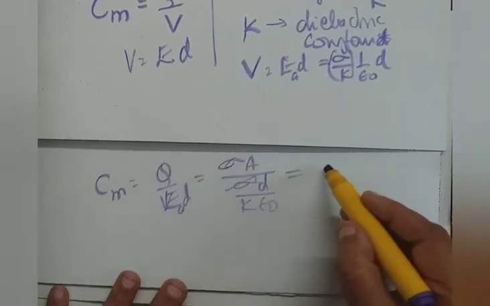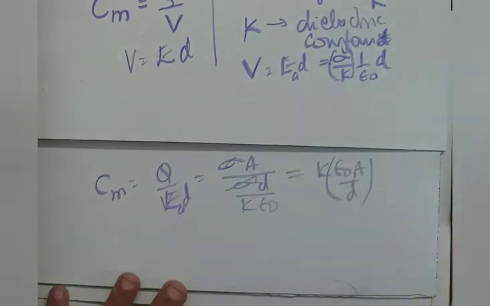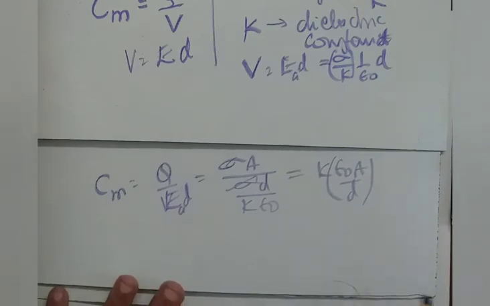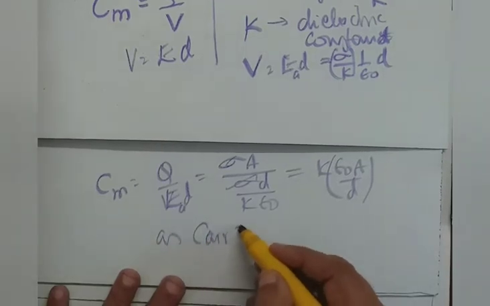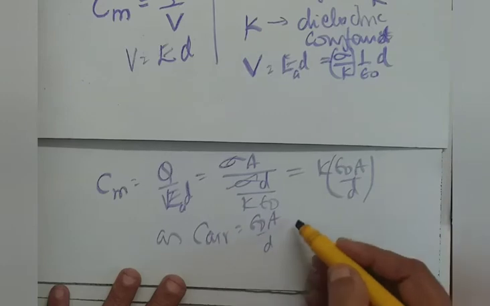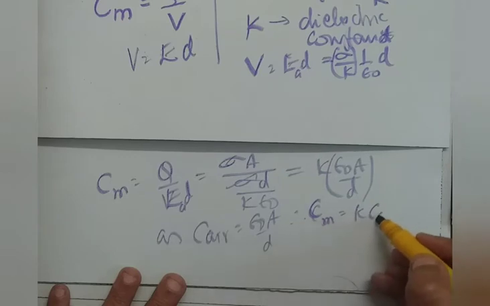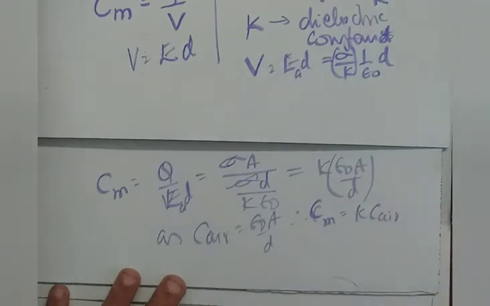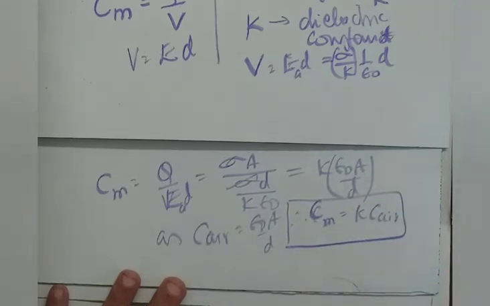Cancel sigma, and we have k epsilon naught A by d, where epsilon naught A by d is, as we know, the capacitance with air medium. Therefore, I write Ca, with air dielectric, as epsilon naught A by d. Therefore, we can write Cm as k into C air, that is, dielectric constant into capacitance with air is equal to capacitance with the medium. This is an important relation we use in many competitive examinations. It is not only valid for the parallel plate capacitor, it is valid for almost all capacitors.